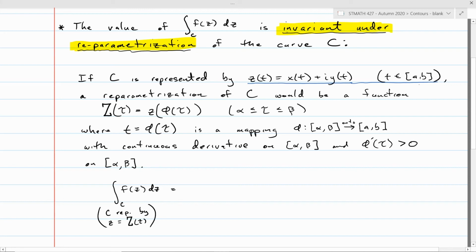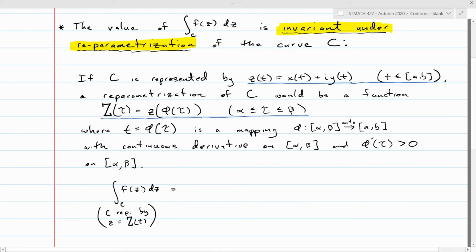Then a reparametrization of that curve would be something of the form where you take the original curve and in place of t you have a function phi of tau that replaces t. So it's something that looks like this: big Z of tau equals little z of phi of tau, where tau is a different parameter that runs from alpha to beta.